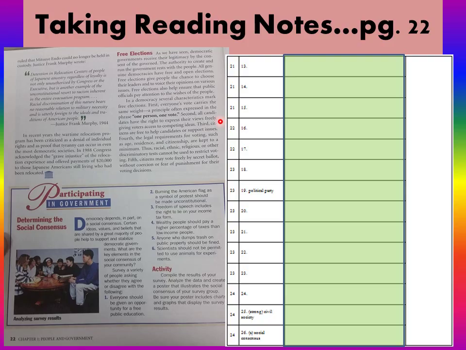Third, citizens are free to help candidates or support issues. Fourth, the legal requirements for voting, such as age, residence, and citizenship, are kept to a minimum. Thus, racial, ethnic, religious, or other discriminatory tests cannot be used to restrict voting. Fifth, citizens may vote freely by secret ballot without coercion or fear of punishment for their voting decisions.